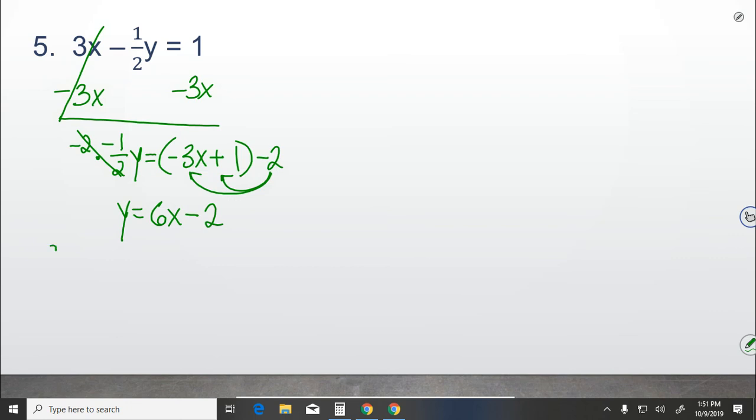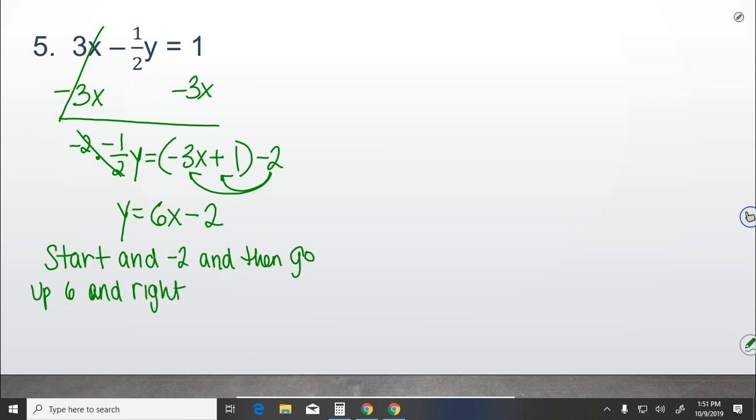We would start at negative 2 and then increase or go up 6 and right 1 repeatedly.